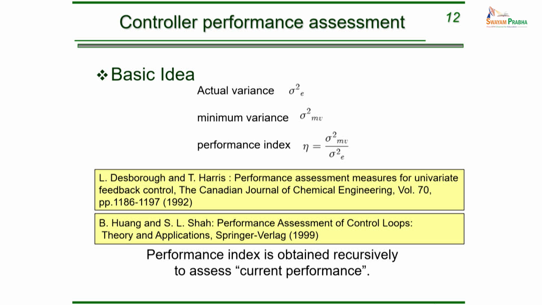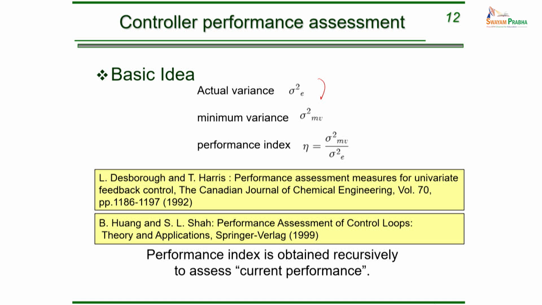How do we assess the performance of the control loop? We measure the actual variance between the output and the target, and compute the minimum variance. Details of how to do that, this can be done in a data-driven system.